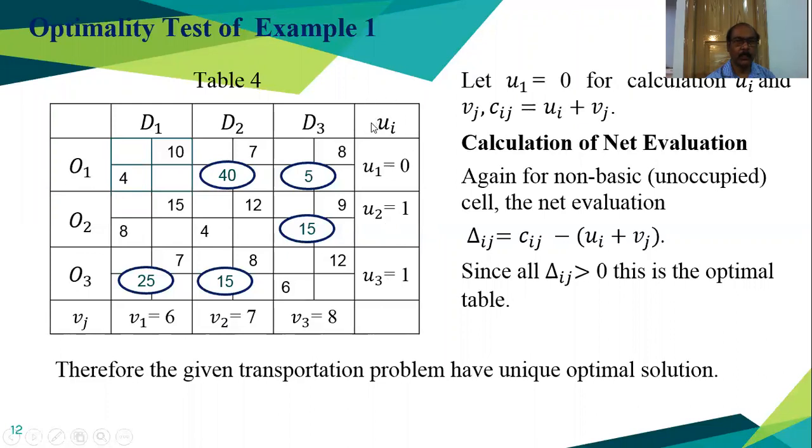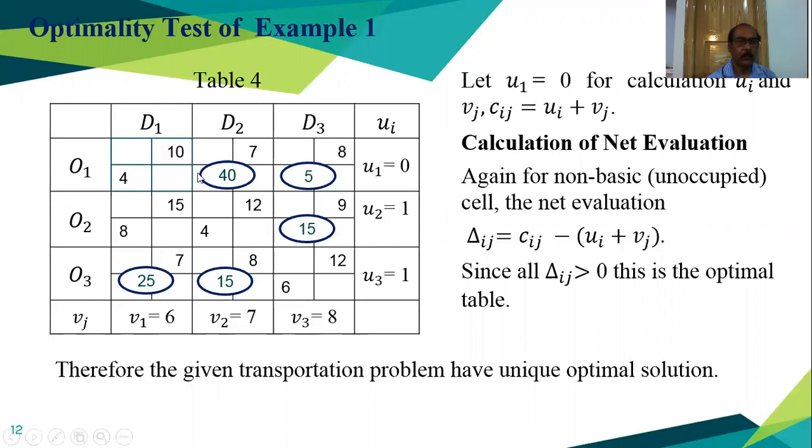UV is also called the shadow variable. Now we have to calculate the U and V by considering the formula Cij is equal to Ui plus Vj. Now you have to consider either Ui equal to 0 or Vj equal to 0.